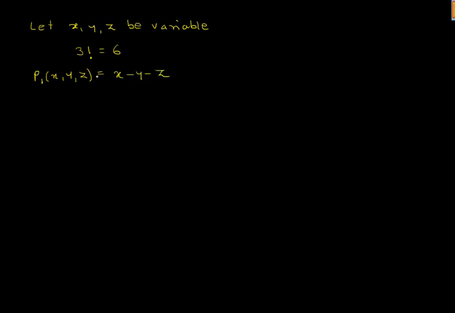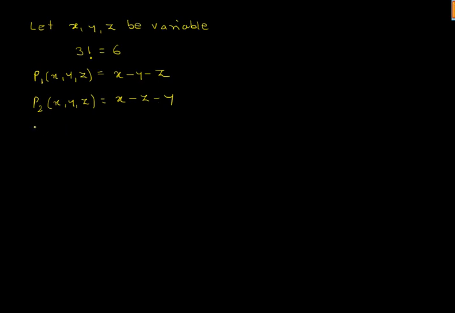Now I will construct the permutation functions using these three variables. I construct another polynomial P2, which is again a polynomial in three variables, keeping x as it is: x minus z minus y.